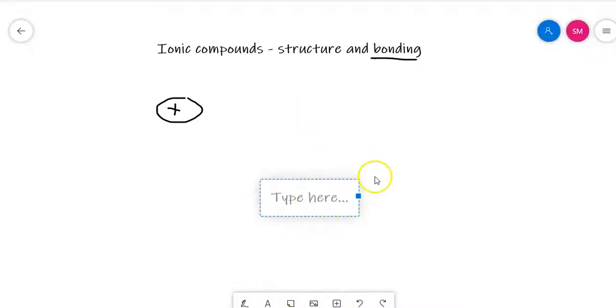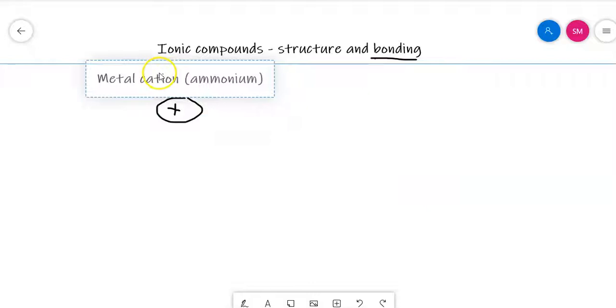Certainly for the purposes of this topic, the cation will be a metal. Other examples could be ammonium, which is NH4+, which doesn't have any metals in it. That might be an exception, but apart from that, the positive ion is always going to be a metal.